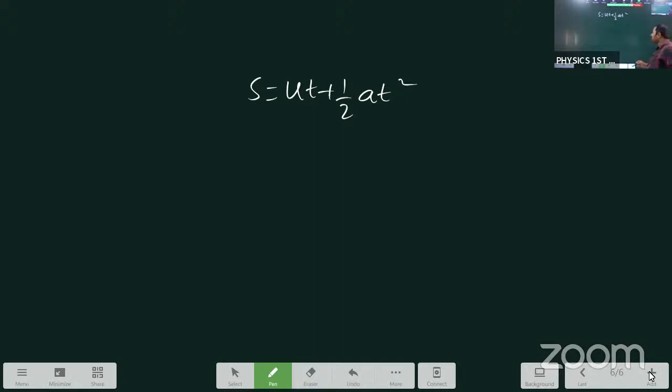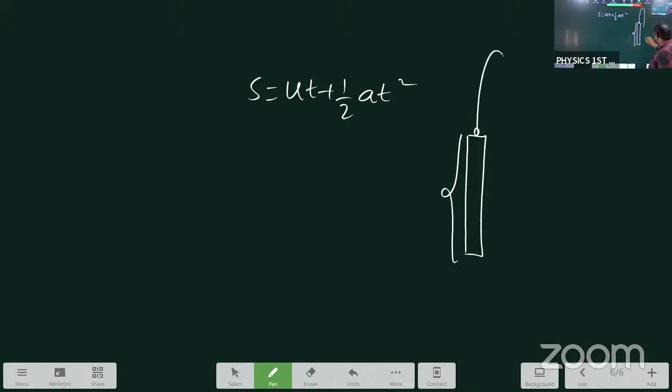Here, S equals UT plus half AT square, and this is the height. But our topic is about S, not height, displacement. The body goes like this. For example, from the year up and from the year down, numerically they cancel each other. This is nothing but displacement. So from here to here is the height.